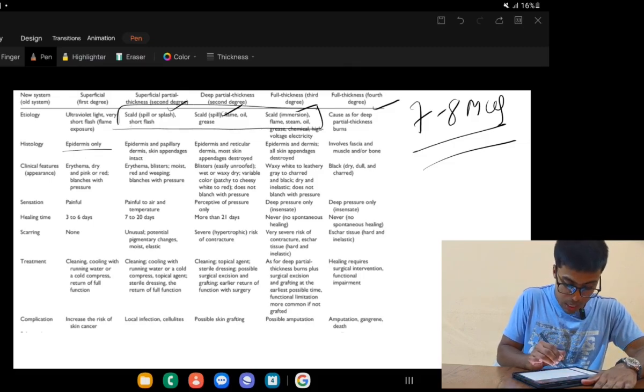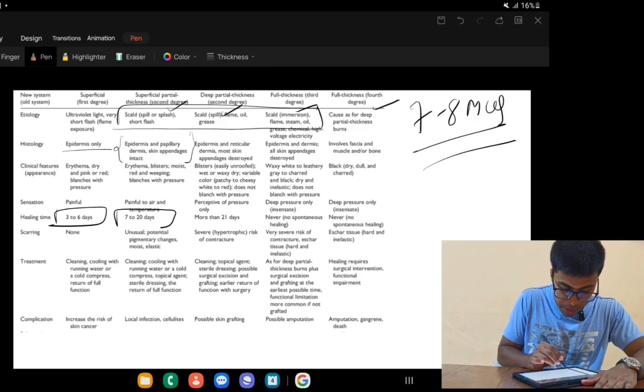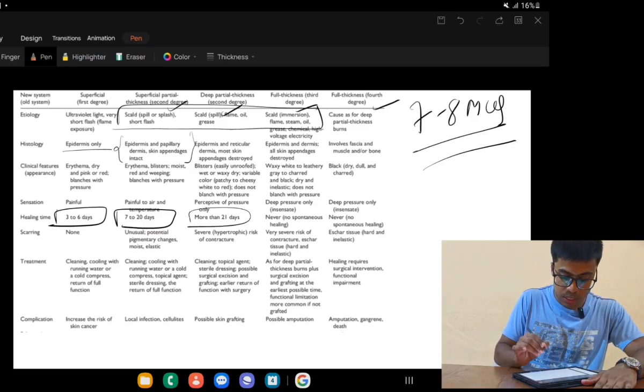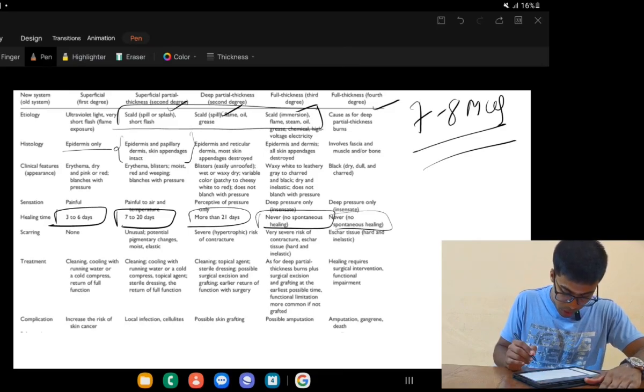Epidermis only, then first degree; epidermis and papillary dermis; skin appendages. This you have to learn. And then healing time you have to see: 3 to 6 days, superficial first degree; 7 to 20 days, superficial partial thickness second degree; more than 21 days, second degree again, deep partial; and never heal, this is third degree, and never again, this is that.